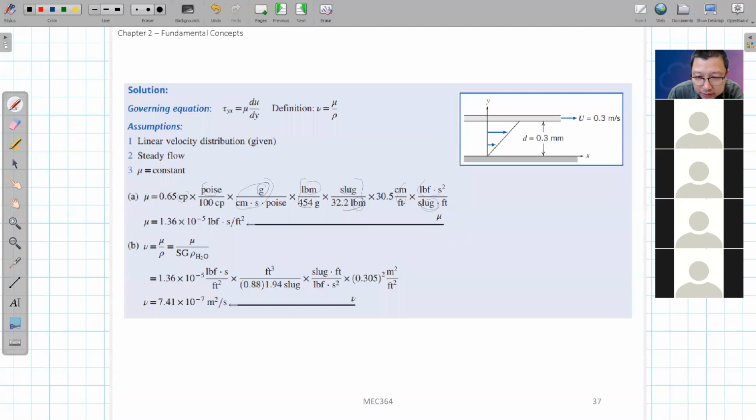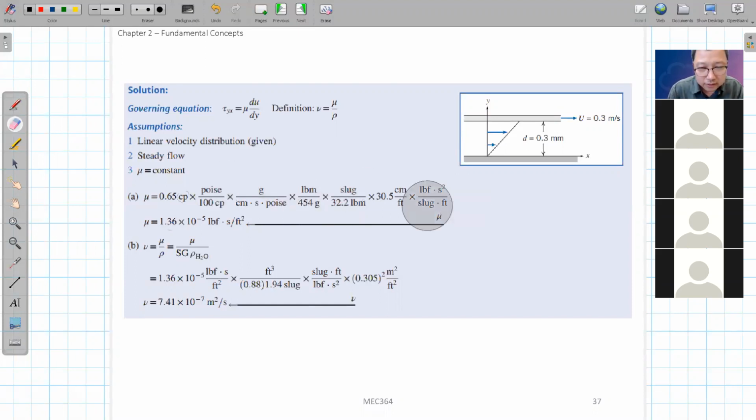So this is equal to some pound mass times gravity, something like that. So this will convert the slug to this kind of mass term in the EE units. So this will be the final result. This is pure unit conversion, okay.